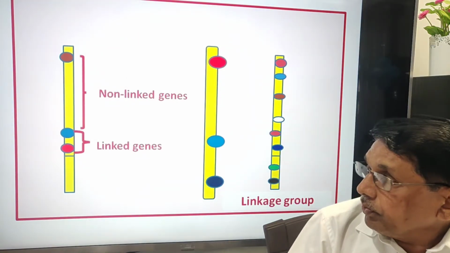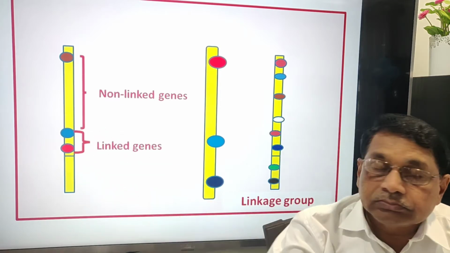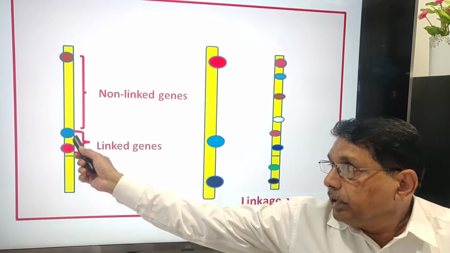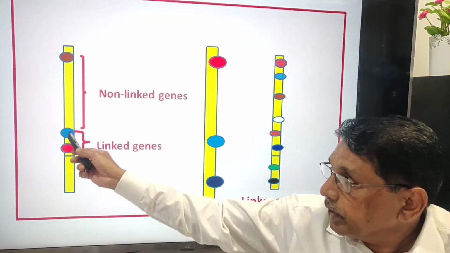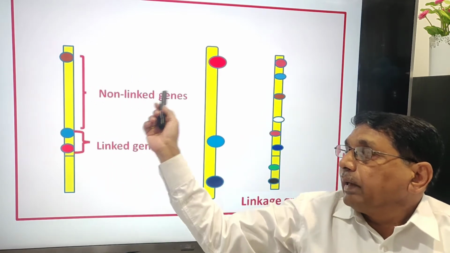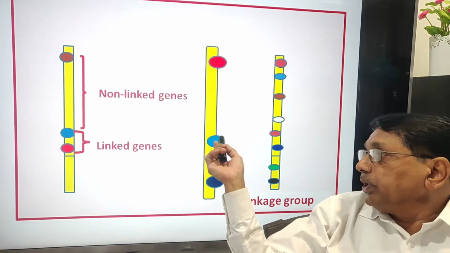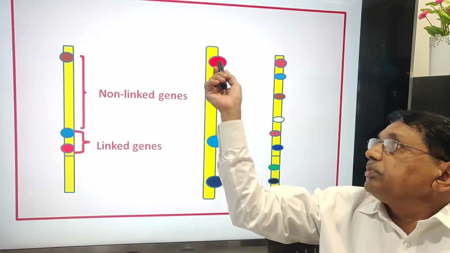So in linkage, what we have said, the two genes on the same chromosome, if they are very close, there will be linkage. If they are located away from each other, they are non-linked genes. For example, here you see there will be linkage between these two, there will be no linkage between these two.